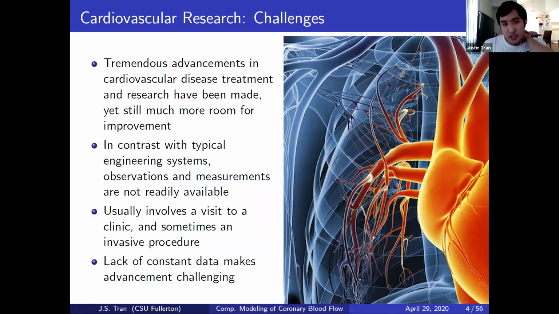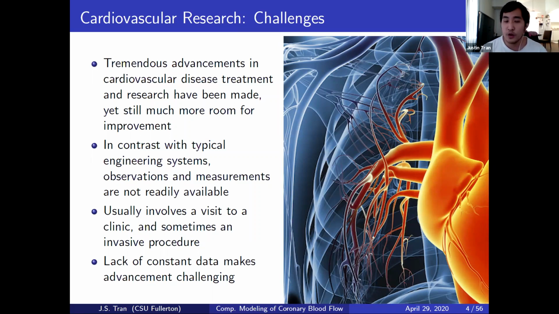Okay, so what are some of these challenges? Before I go into these challenges, I just want to say that up until maybe within the last 10, 15 years, cardiovascular disease and biomedical research in general has been the realm of medicine and biology, and they've made tremendous strides in what they can do in terms of treatment and research.